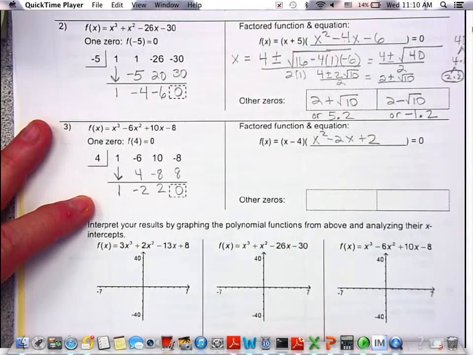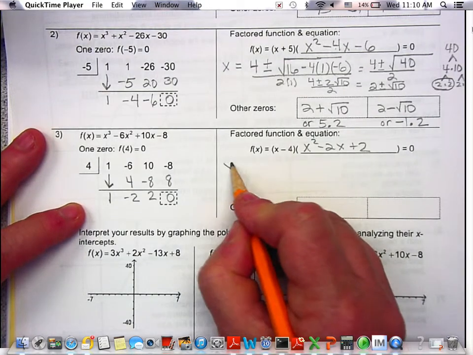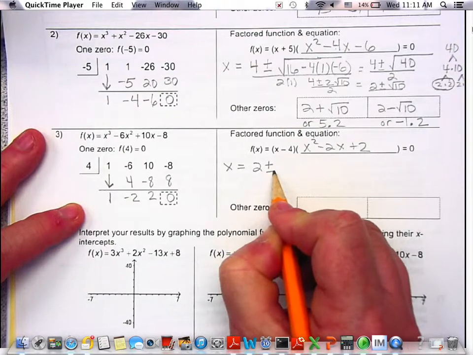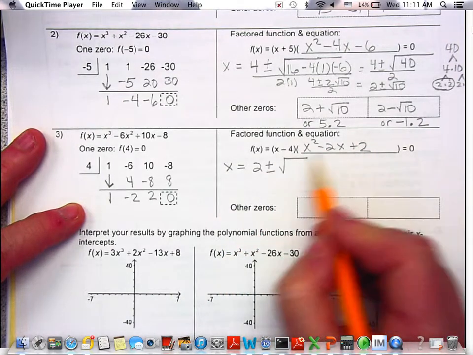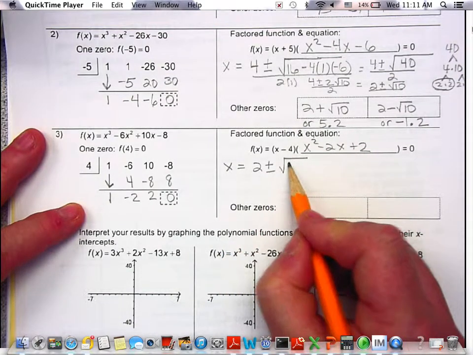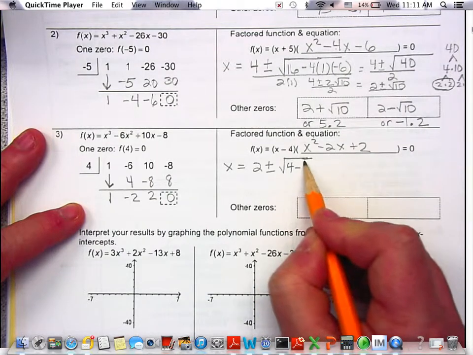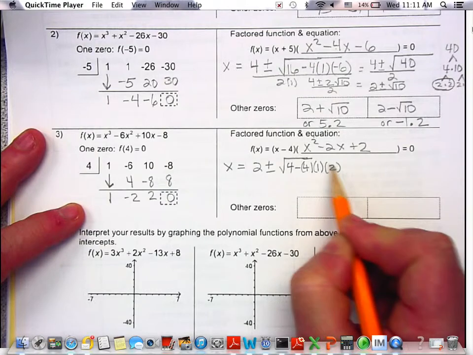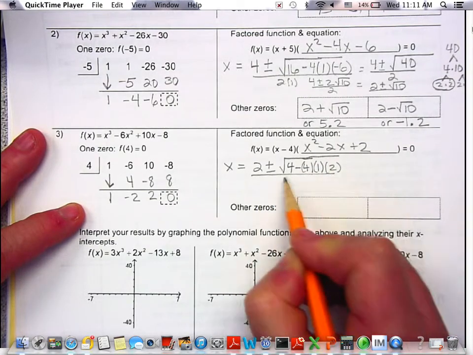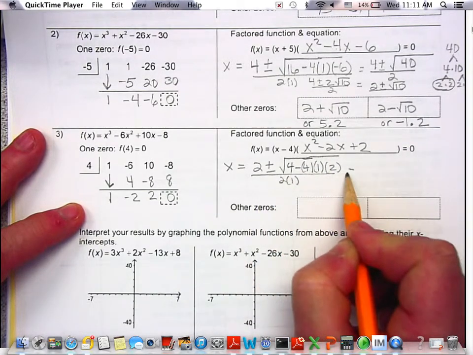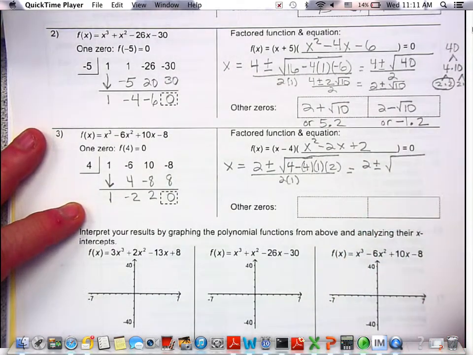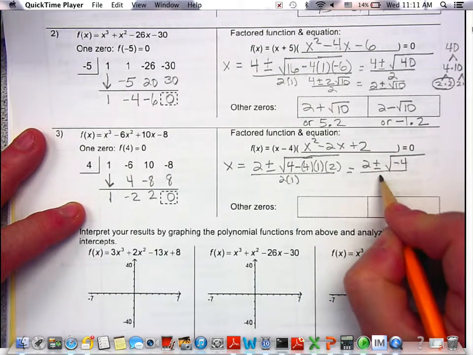That one cannot be factored, so we're going to do x equals the opposite of b, which is 2, plus or minus the square root of b squared, 4, minus 4 times 1 times 2, all over 2 times 1. So we have 2 plus or minus the square root, and we end up with 4 minus 8, which is negative 4, over 2.